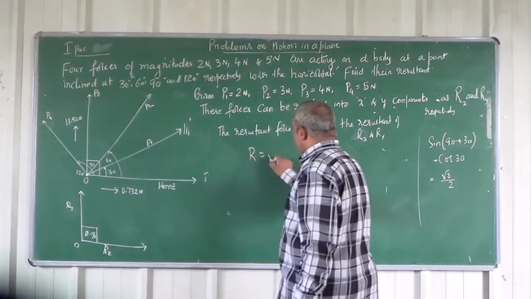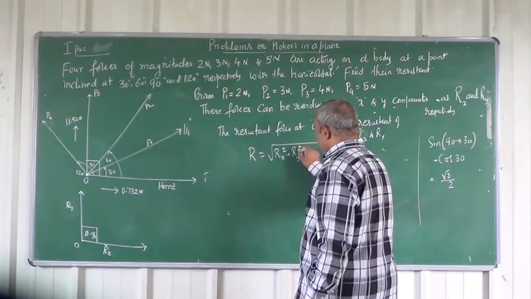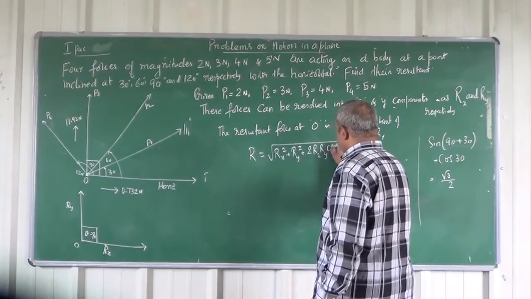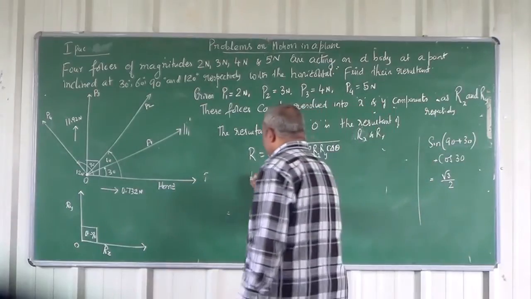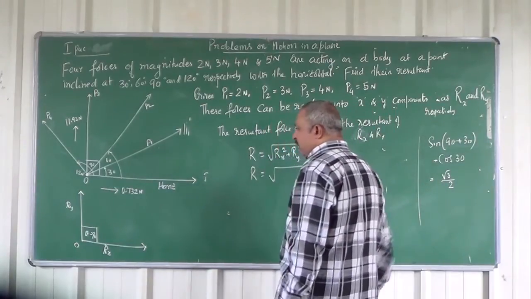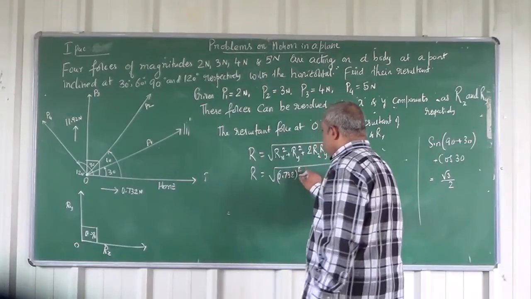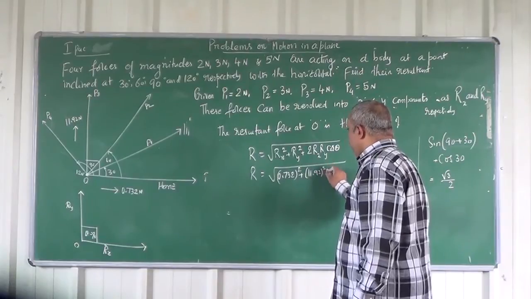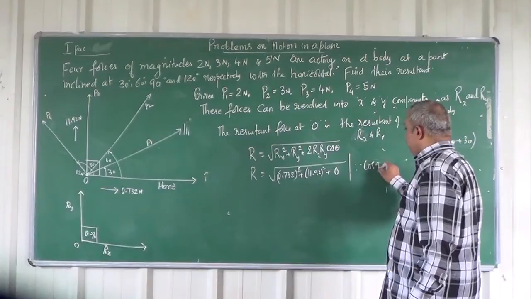So R is equal to the square root of Rx square plus Ry square plus 2 Rx Ry into cos theta. This is the formula for the resultant. Our R is equal to the square root of, how much is Rx square? 0.732 square plus Ry square, 11.92 square, plus 0, because cos 90 is 0.